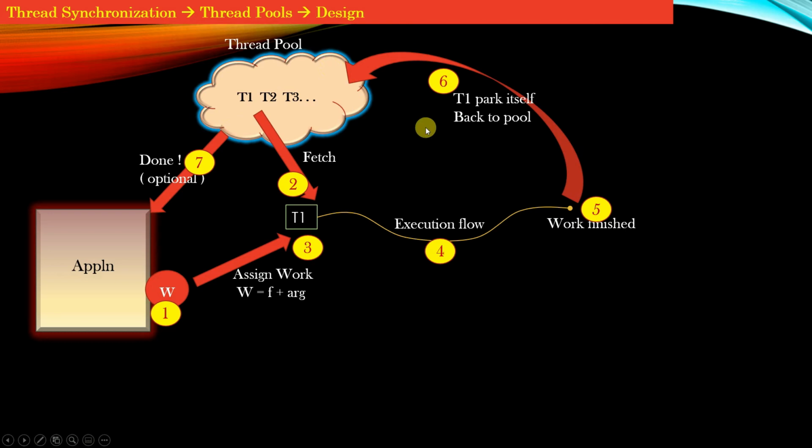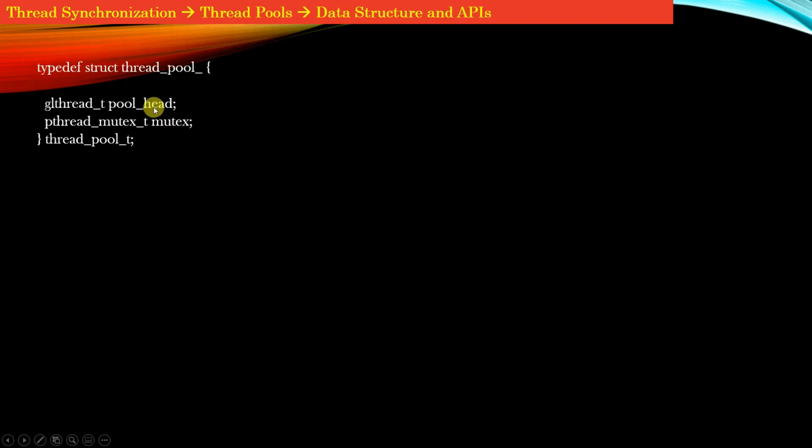So in a way we are adding multiple nodes to a doubly linked list in the context of different threads. It is for this reason that removal of a thread from this thread pool or addition of a thread to this thread pool should be done in a mutually exclusive way, that is, protected by a mutex, right? This mutex will protect the thread pool data structure from concurrent addition and removal of threads.